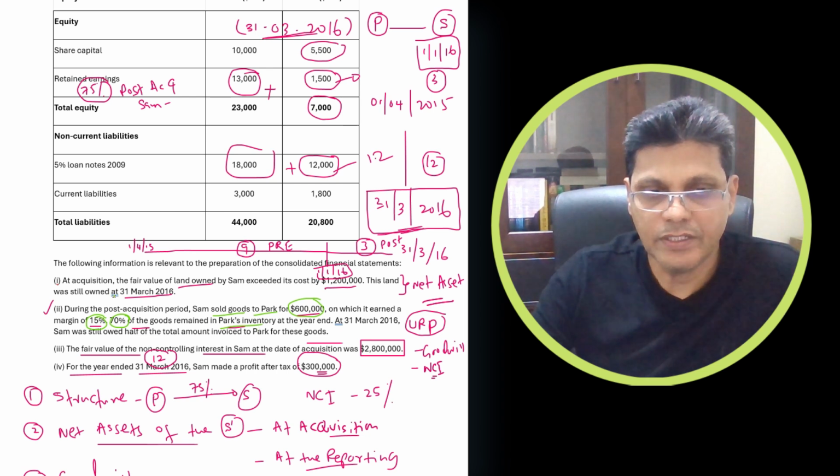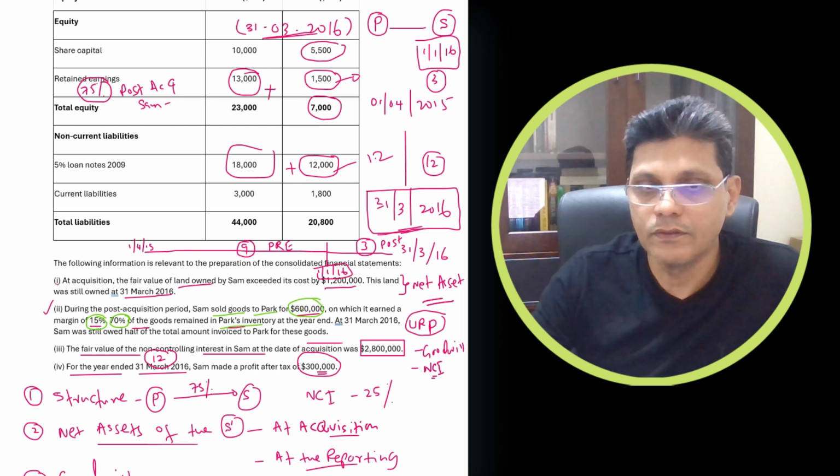Therefore the profit included in this 70% of the goods will have to be removed from the inventory value of Park. In terms of the group as a whole, Park and SAM, it's a group of companies, such profits are unrealized. Therefore, it has to be eliminated from the consolidated accounts.